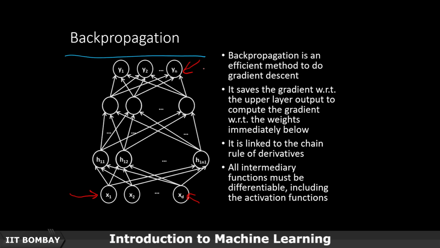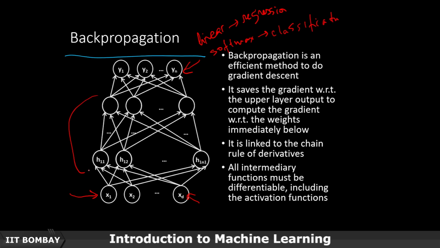Your final layer activation function will also be decided based on what kind of problem you are solving. For regression problems, your final layer activation will be linear, that means there will be no activation function, and it will usually be softmax for classification. And then all the other hidden layers that you have.